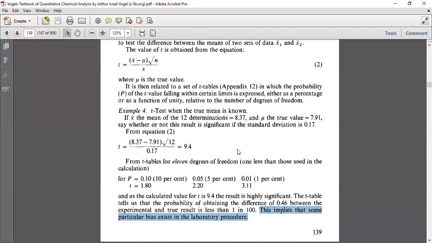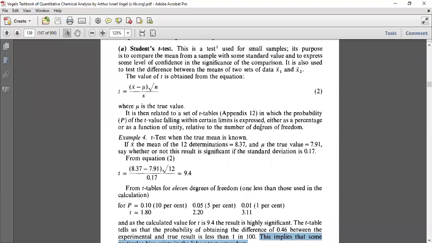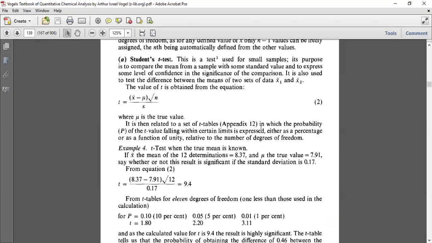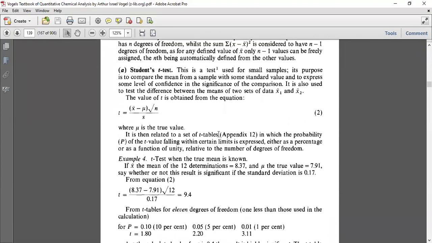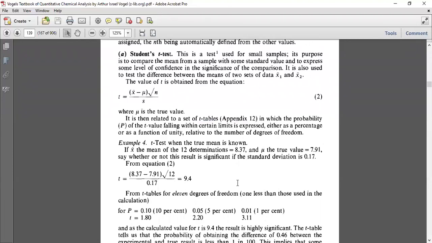If you refer to the appendix, isn't it? For example, I will just show you over here. For example, this t table, set of t tables, appendix 12. If you see appendix 12 of this book, they have given all the values. For example, 10 degrees of freedom, 11, 12, 13, and they have mentioned this probability.